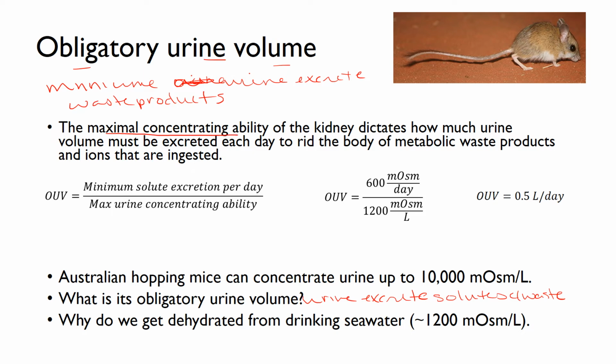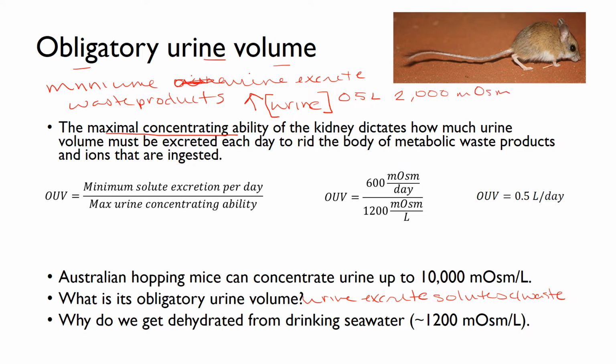So if you can really, really concentrate your urine, if you have a very high urine concentration, that means that in, let's say, half a liter of urine, you can put in 2,000 milliosmoles of solute.